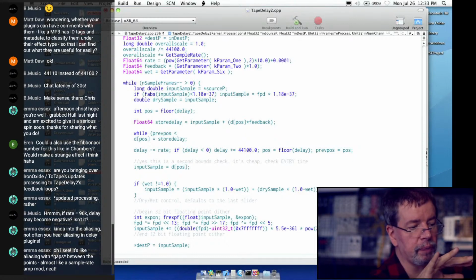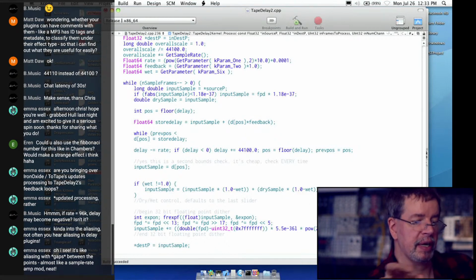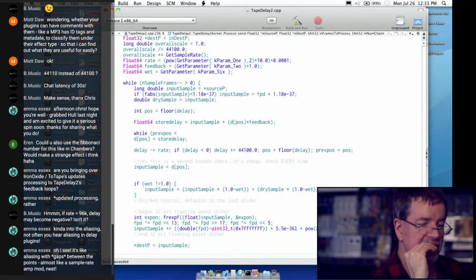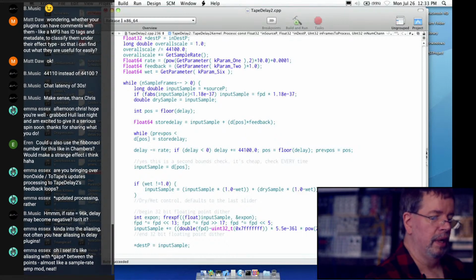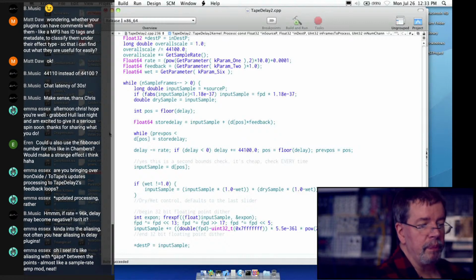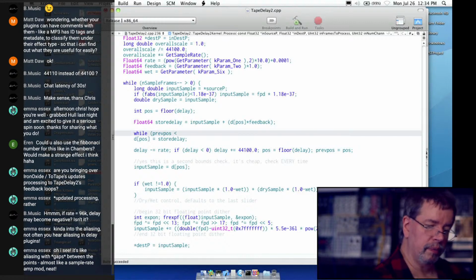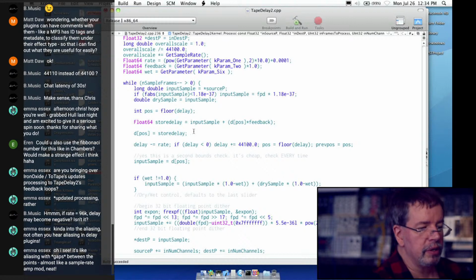Delay gets smaller. Therefore, prev pause is either going to be bigger or it's going to have a problem in the wraparound. But we... Okay, let me undo that. Go away. So what are we really doing here?